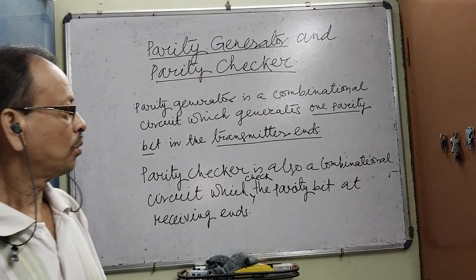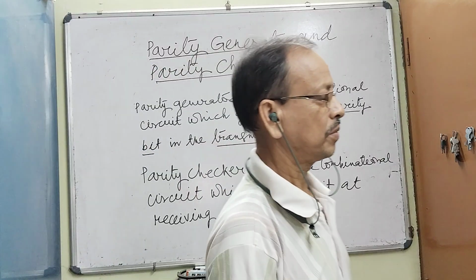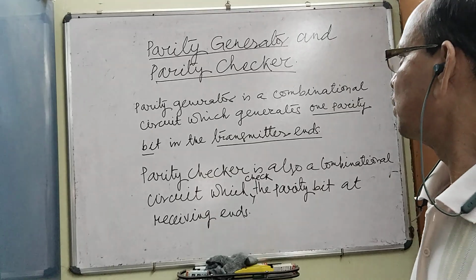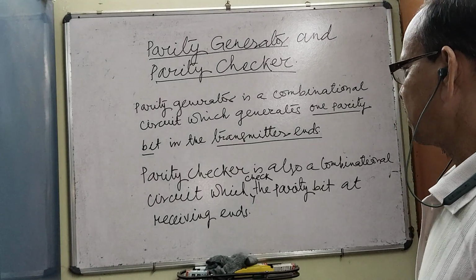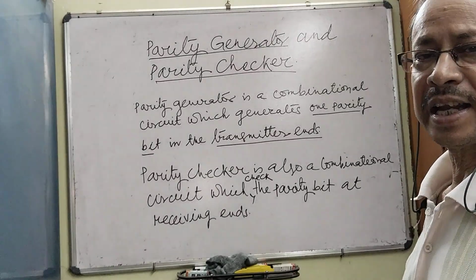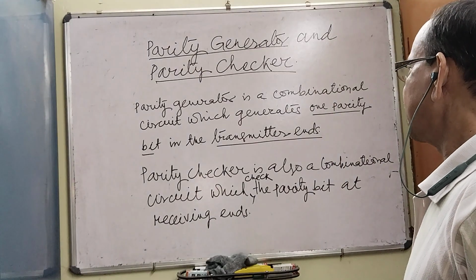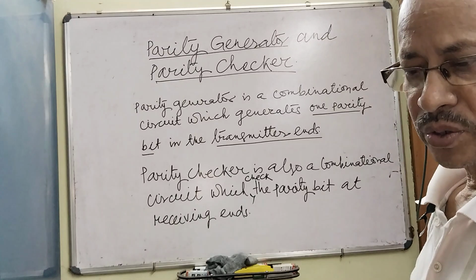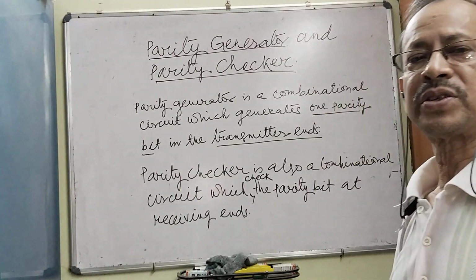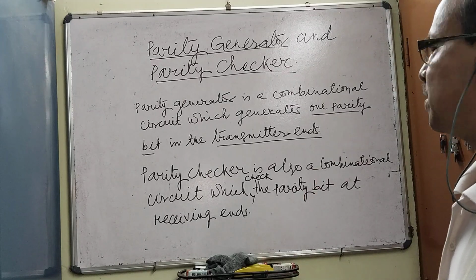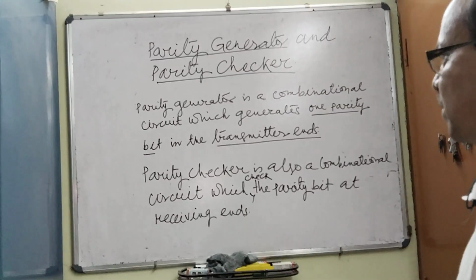That is for correction of the data. We can detect and correct with the help of parity generator and parity checker. So this is your first chapter complete here with parity bit and parity generator. Thank you.